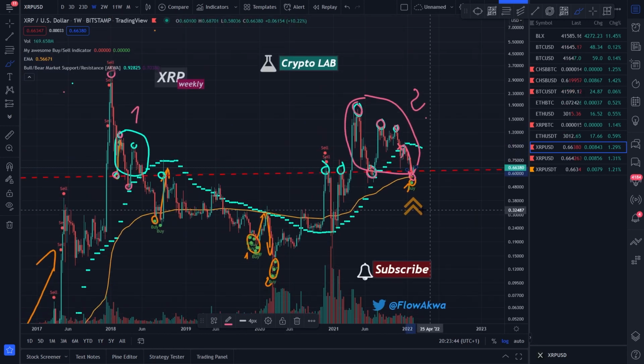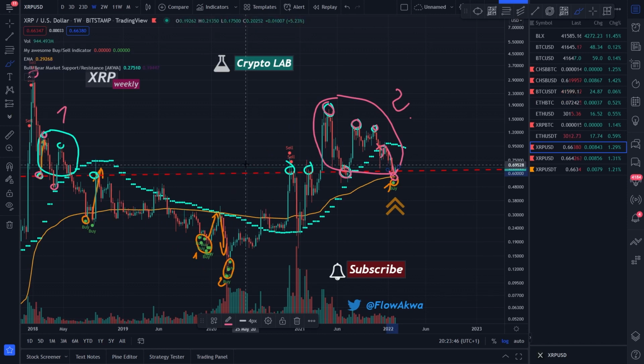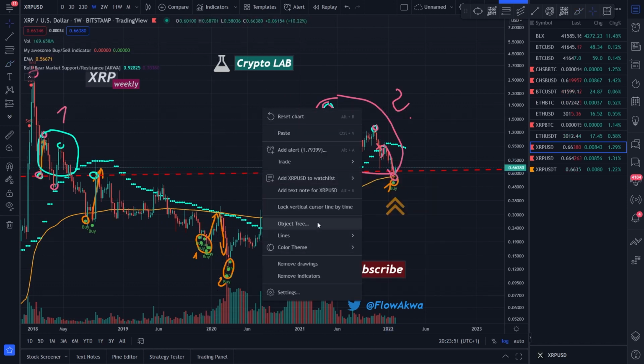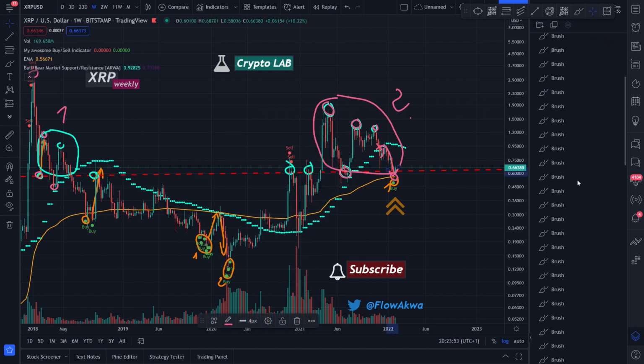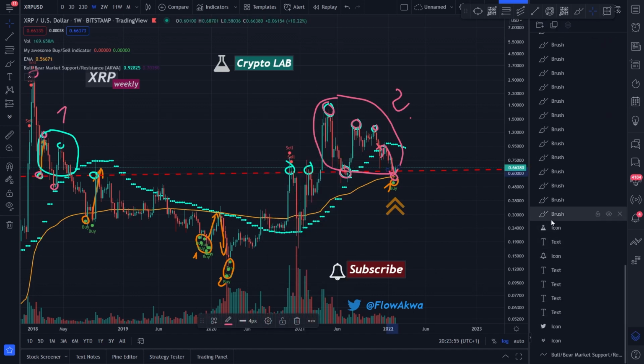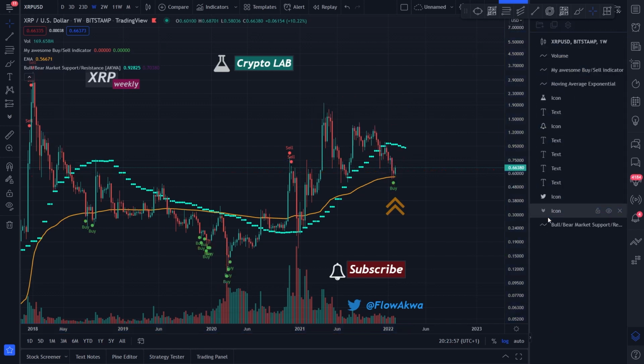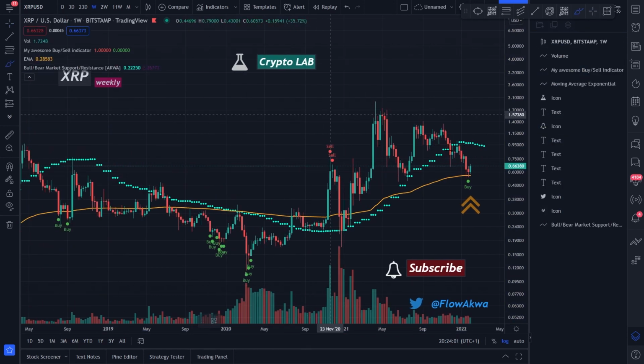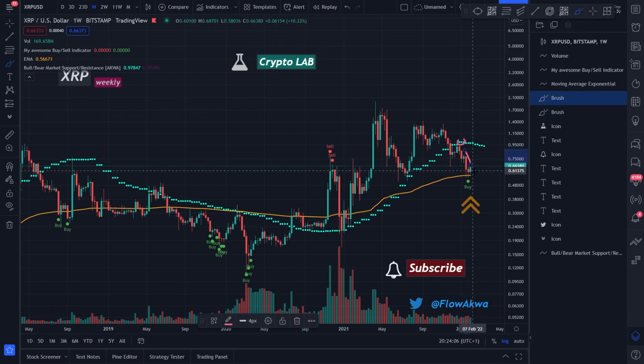And let's have a look at the past. There are a lot of drawings, so I will try to remove them. Object tree. Okay, it's better now.